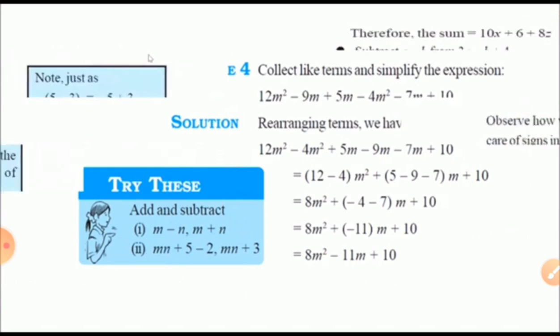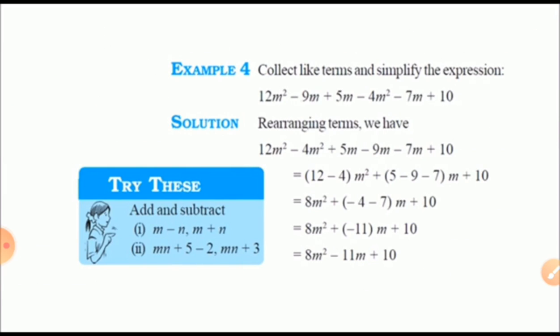Without subtracting, you can check it out. Look at example number 4. Collect like terms and simplify the expression: 12m square minus 9m plus 5m minus 4m square minus 7m plus 10. Rearranging them like-terms wise: 12m square minus 4m square plus 5m minus 9m minus 7m plus 10.